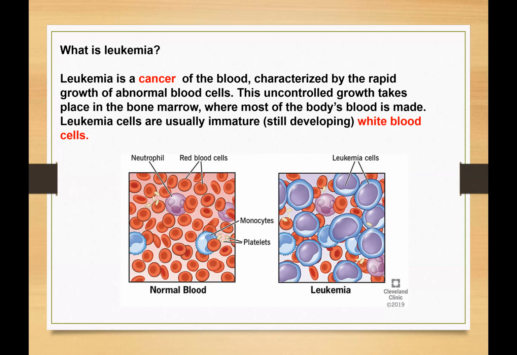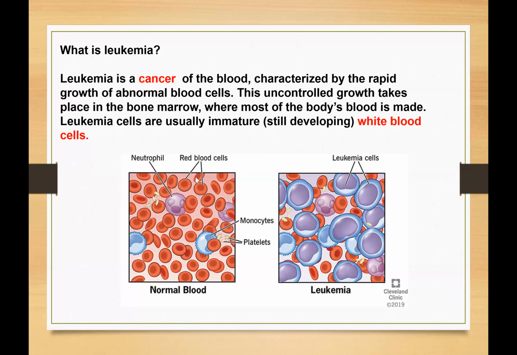What is also seen is that leukemia cells are generally white blood cells which are still developing, so they remain in the state of incomplete differentiation and they divide continuously without any control.